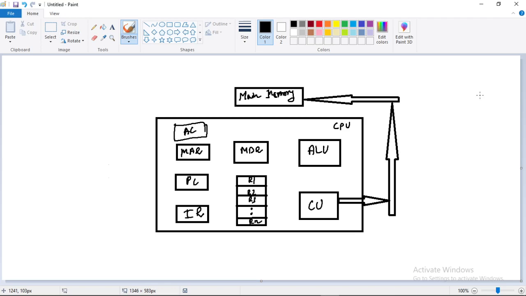That means after decoding the instruction, when you give the instruction operation code and the CPU decodes it, it is the responsibility of the CU to generate the control signals for those instructions. Those control signals will come to the ALU, and the ALU will perform the job accordingly.